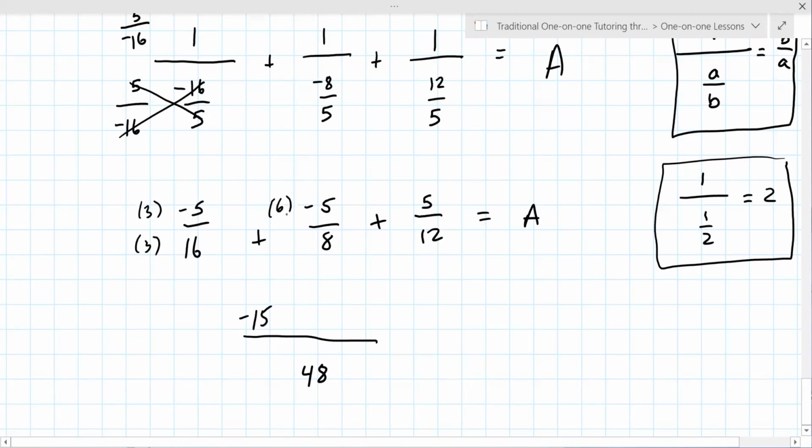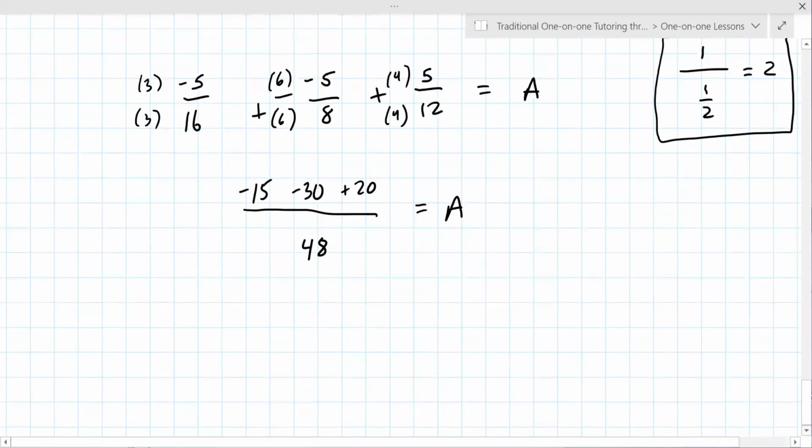Second one, you multiply the top and bottom by 6. And then the top and bottom by 4. Okay. And so you've got negative 45 plus 20. So negative 25 over 48 equals a.